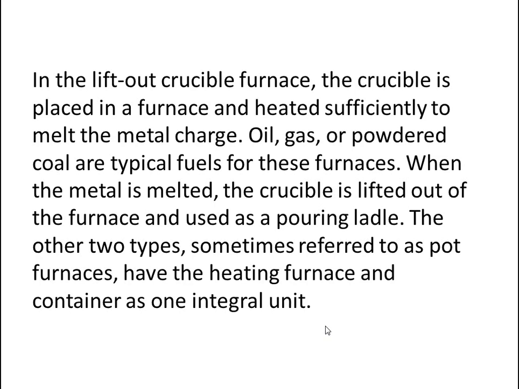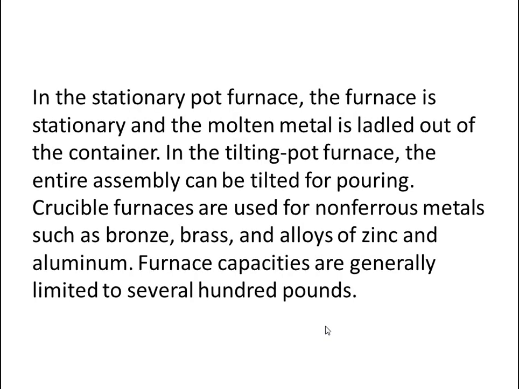The other two types, sometimes referred to as pot furnaces, have the heating furnace and container as one integral unit. In the stationary pot furnace, the furnace is stationary and the molten metal is ladled out of the container. In the tilting pot furnace, the entire assembly can be tilted for pouring.